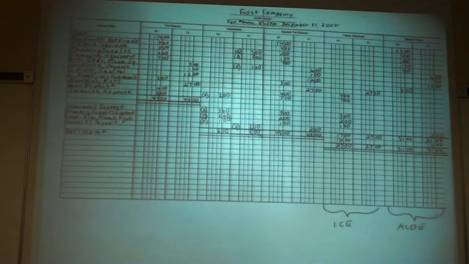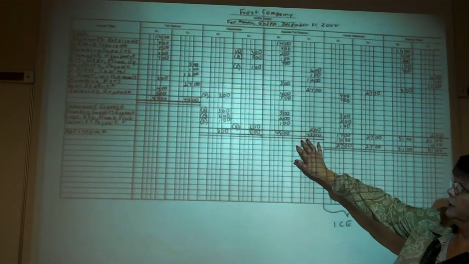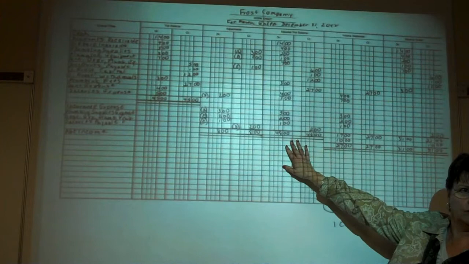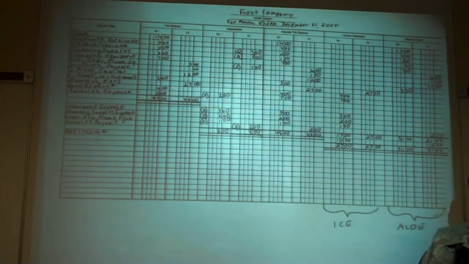So this just gives us one more chance to say all of our numbers, as far as we know, are correct. Can this balance and the numbers and the adjustments be wrong? They can be. So if you selected the wrong number for the adjustment and you used, let's say, the ending inventory instead of the amount used in the inventory, your adjustments still balance.